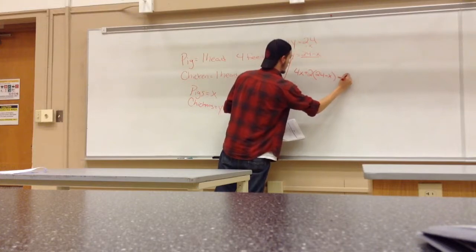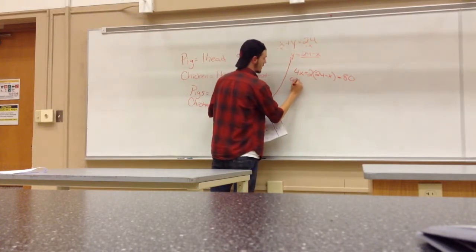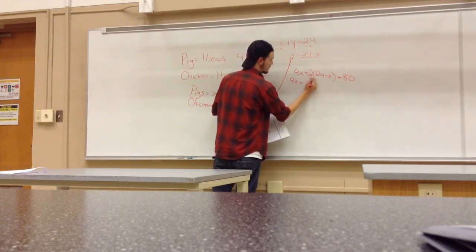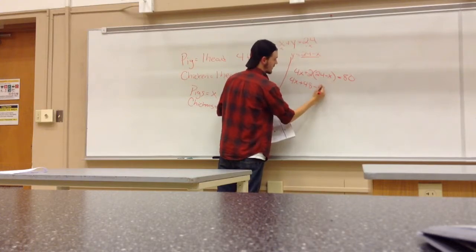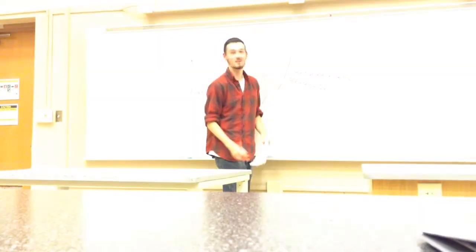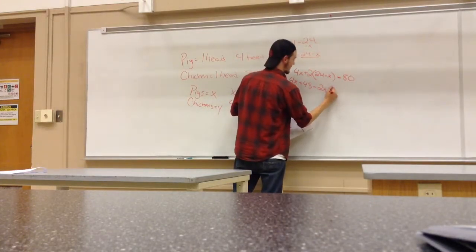equals 80. And then we solve the rest of the equation, so we got 4X plus 2 times 24 equals 48. And then 2 times the negative X equals minus 2X. And then equals 80.